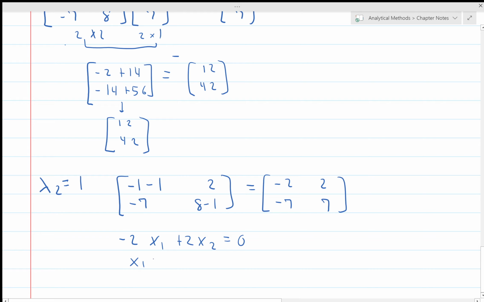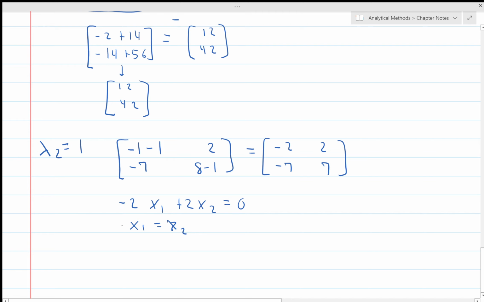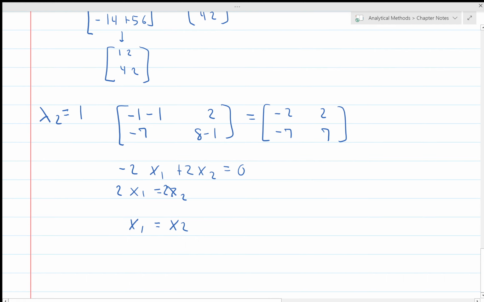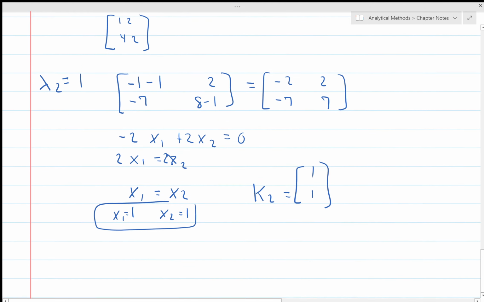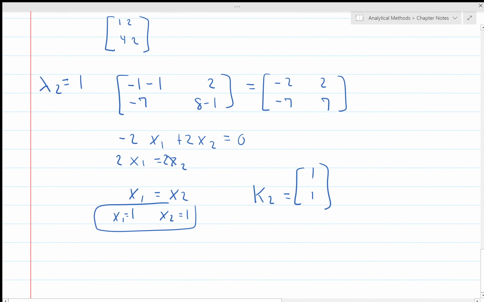Set them equal, x1 equals x2. Pretty simple case. You could say if x1 equals 1, x2 equals 1. So my second solution vector would be 1, 1. And we'll stop there. Thanks for watching the video.